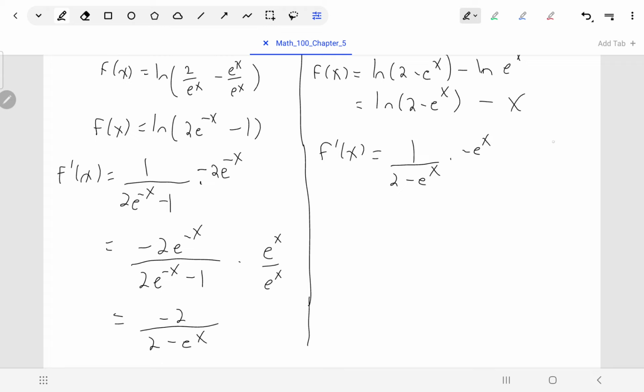And then for the last little term there, the derivative of x is 1. So we have minus e to the x over 2 minus e to the x. Whoop, correction. I threw a negative into the exponent where there wasn't one. It was minus e to the positive x over 2 minus e to the positive x.